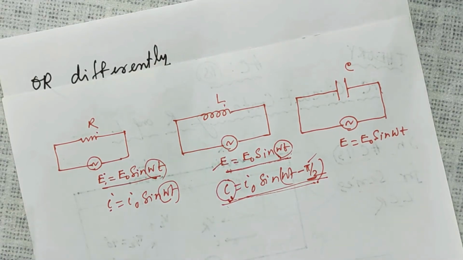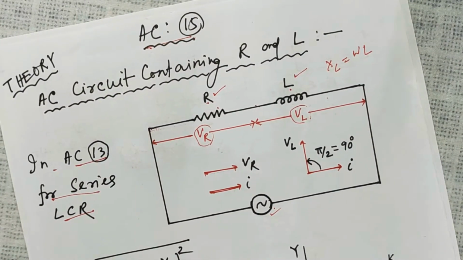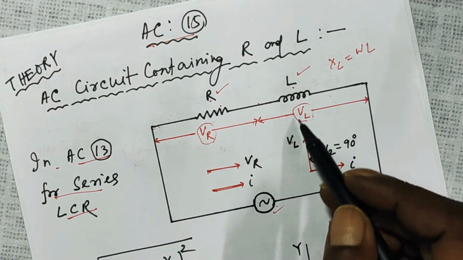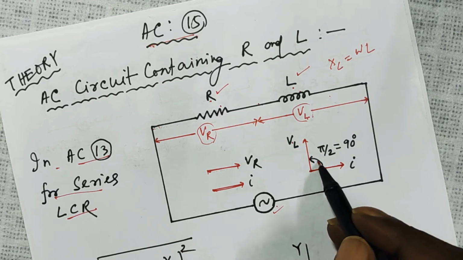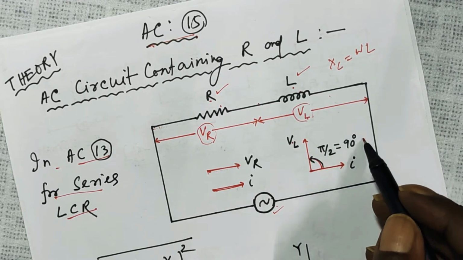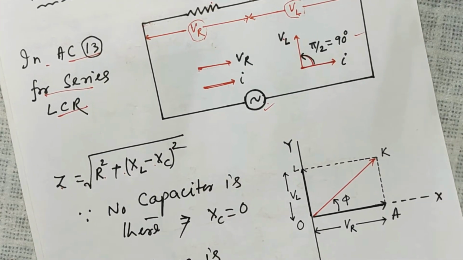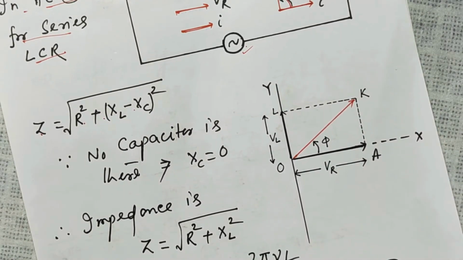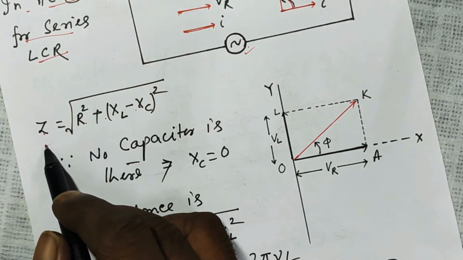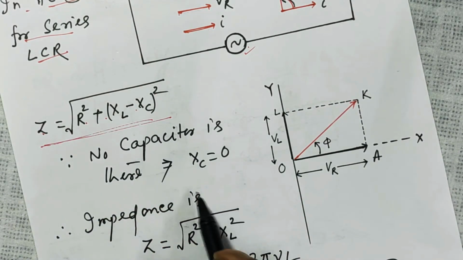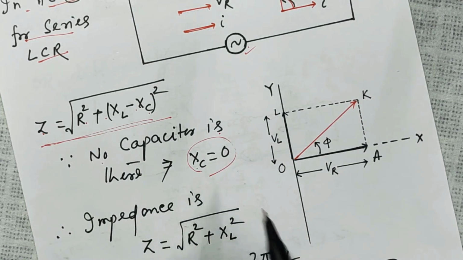So that understanding will apply here. The voltage across the inductor, represented as VL, is ahead of the current by pi by 2, that is equal to 90 degrees. If you look at the phase diagram, the vector diagram, you can straight away find out XC is not there, so no capacitor, therefore XC is equal to 0.